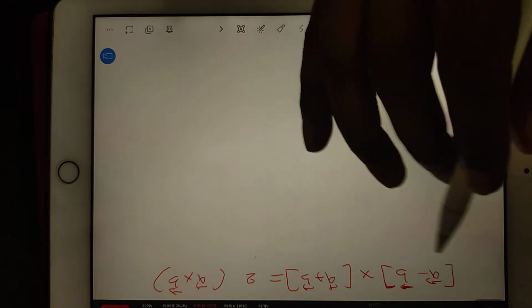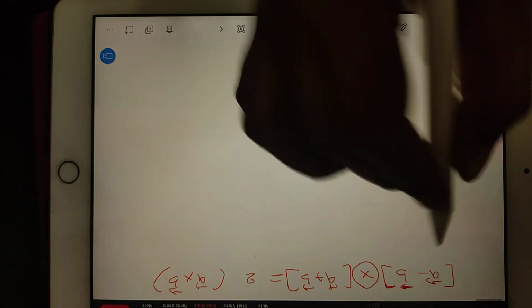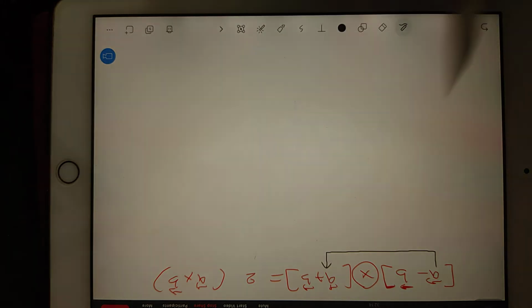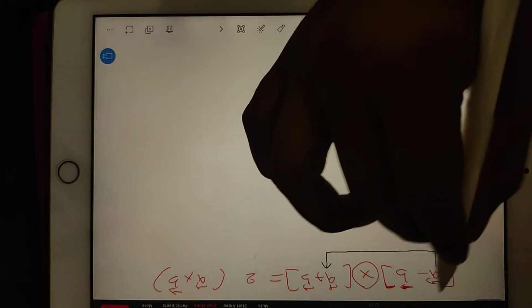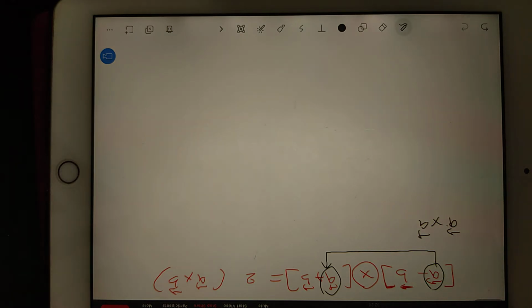Anyway, now see how to solve the numerical, because it is a cross product here. Exactly the same, like copy paste, you take the cross product in this bracket, then it will look like a cross a. Done. Now we'll go for the next step.